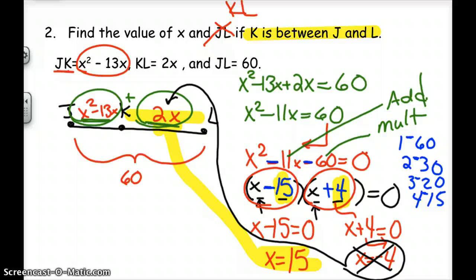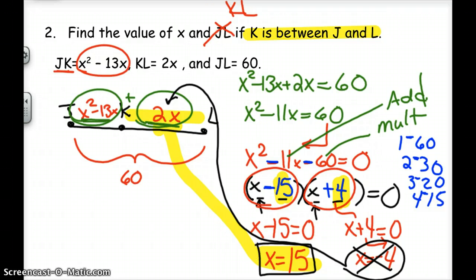Please do not automatically cross out the negatives, because sometimes when you plug a negative in there, had that been a -2x, you would have got a +8. So you need to plug them back into the expressions and check your answers that way. So I've got 15 for x. I'm going to box my answer in to communicate that with Mrs. Hefty. That's my answer.